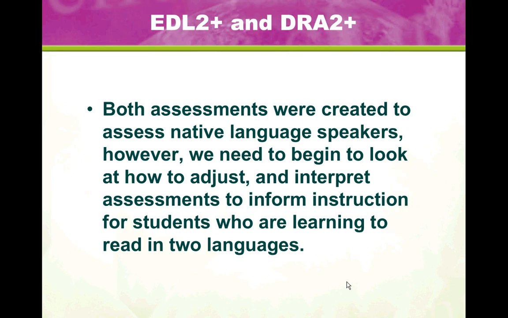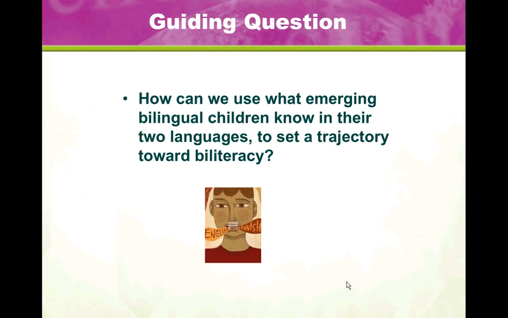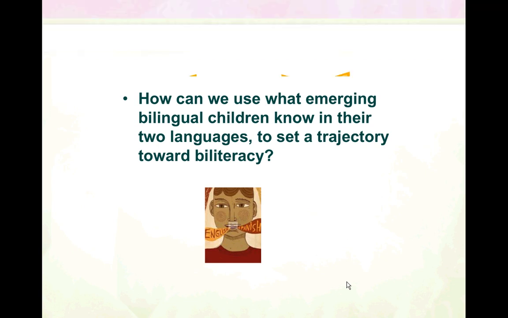Both assessments were created to assess native language speakers. However, we need to begin to look at how to adjust and interpret assessment to inform instruction for students who are learning to read in two languages. So how can we use what emerging bilingual children know in their two languages to set this trajectory?